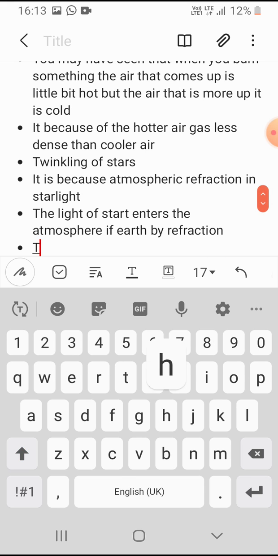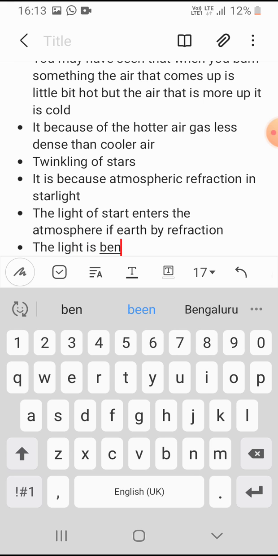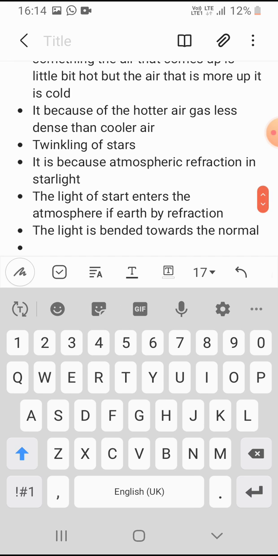It enters and the light is bent. The star's light is bent towards the normal. As you know from your prism lessons, the earth's atmosphere is also like a prism.